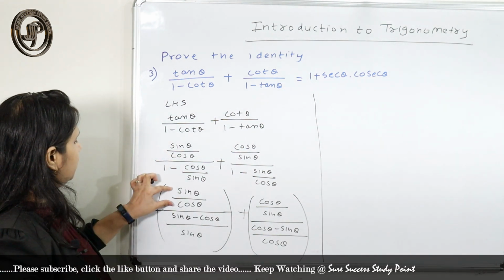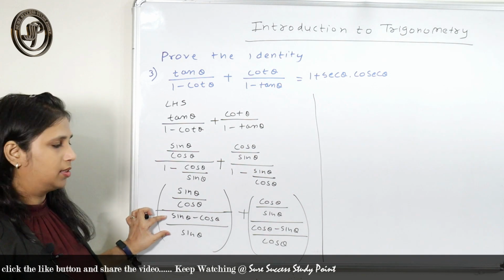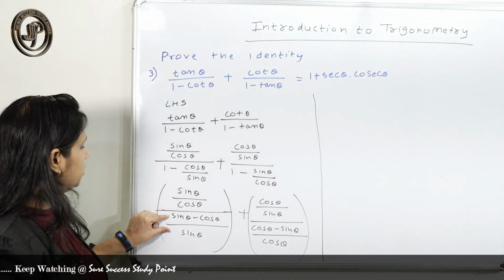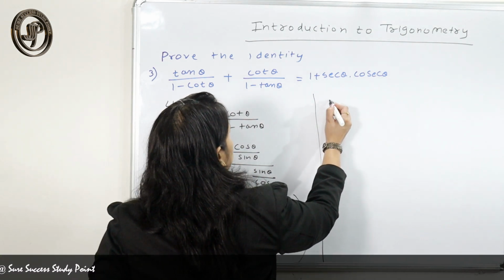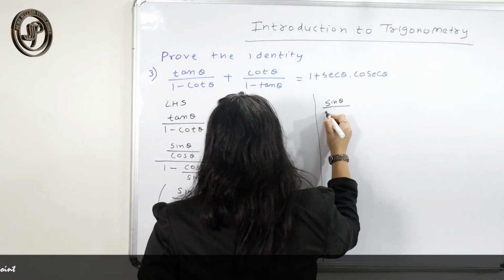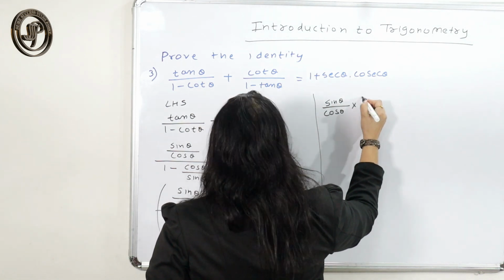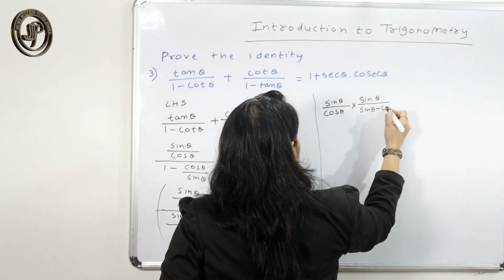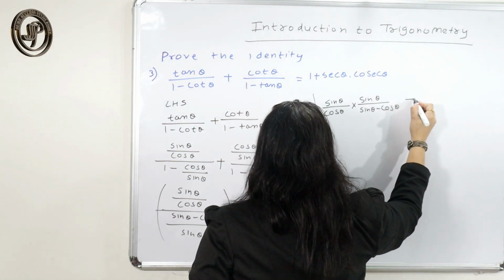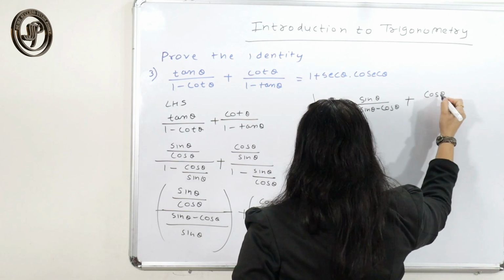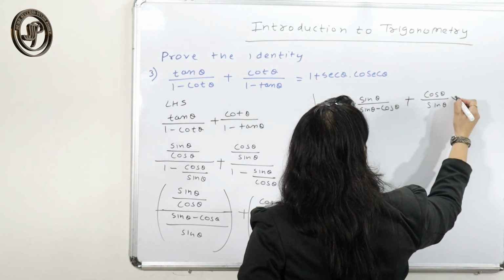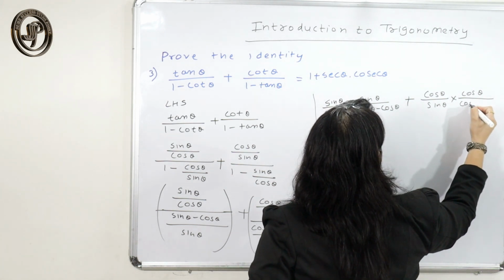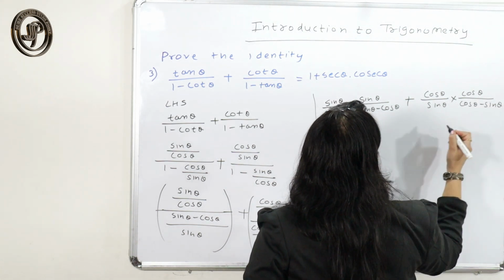So definitely this is divided by this. So when you take this up, that gets reciprocal. So you will get sin theta by cos theta into this reciprocal, right? Plus here also cos theta by sin theta into cos theta by cos theta minus sin theta.